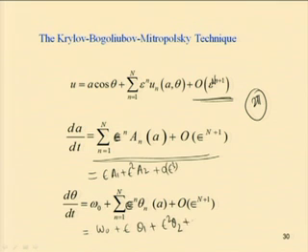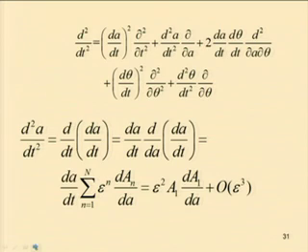So, by neglecting the order of epsilon cube, one can write dA by dt equal to epsilon A 1 plus epsilon square A 2, and d theta by dt as omega 0 plus epsilon theta 1 plus epsilon square theta 2. So, instead of integrating as in the Krylov-Bogoliubov method, here dA by dt and d theta by dt are written in this expansion form.